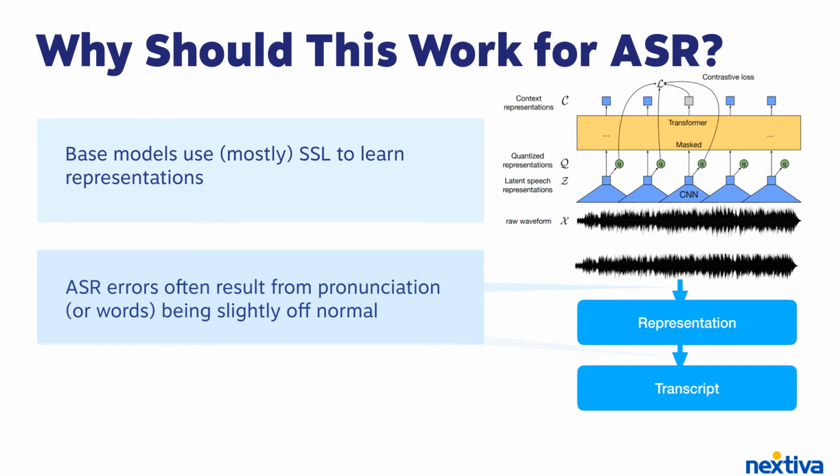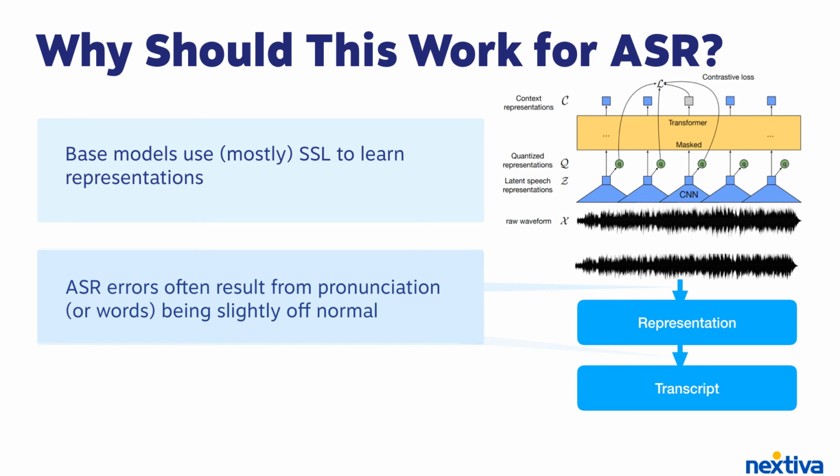Motivation number two is that the errors that our models make in speech recognition are often the result of either just slightly off pronunciation, accents, a little bit of noise in the recording, the pace and cadence being a little bit off.